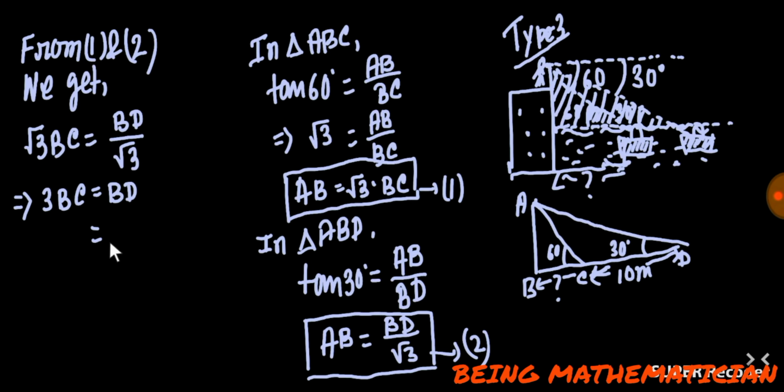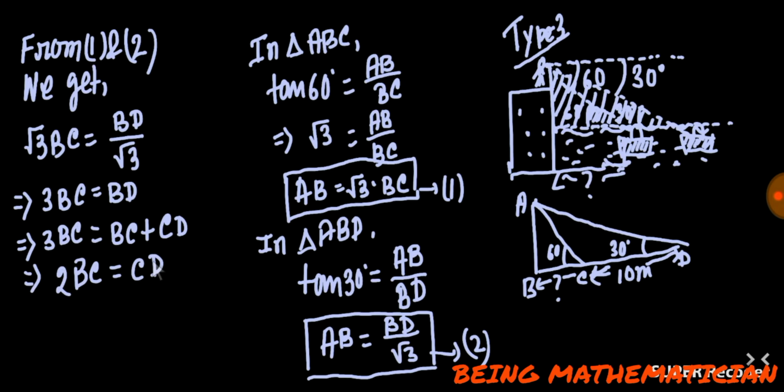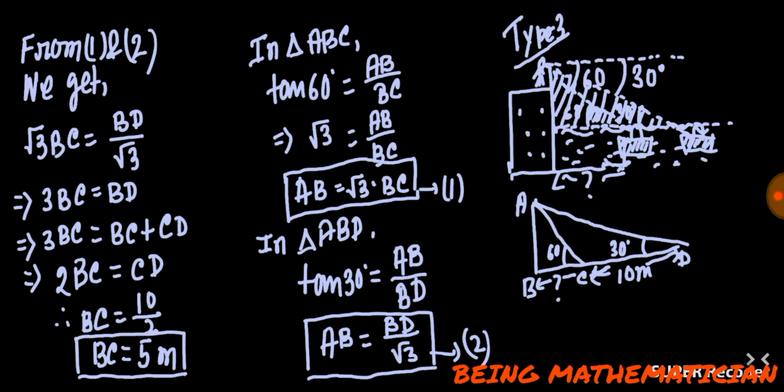So BD is BC plus CD by the figure. So 2BC equal to CD. Therefore, BC equal to 10 by 2, that is 5 meter. So the distance between the first ship and the building is 5 meter.